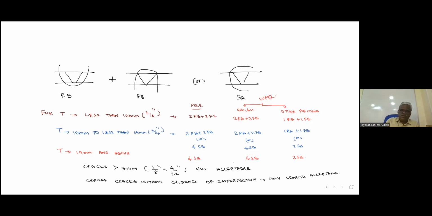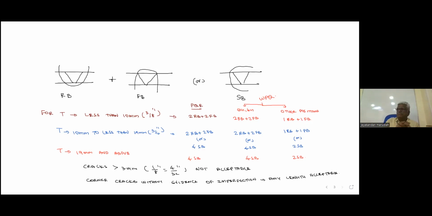Why we are going through all these section 9 requirements, because for procedure qualification and welder qualification, you should know about the tensile test and the bend test. Right.